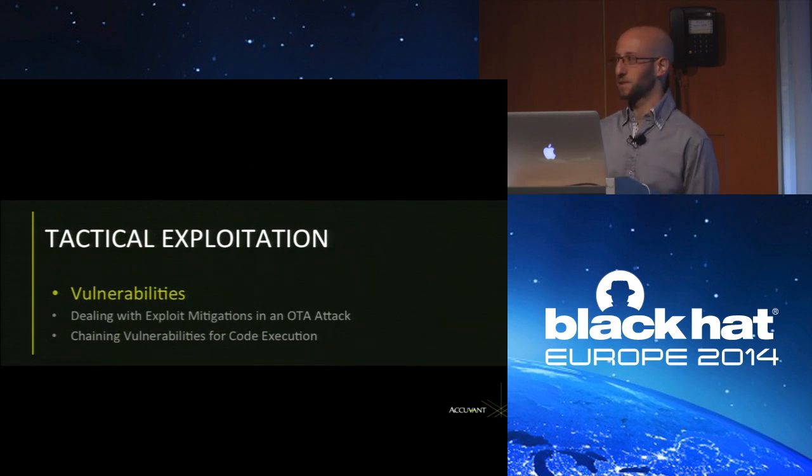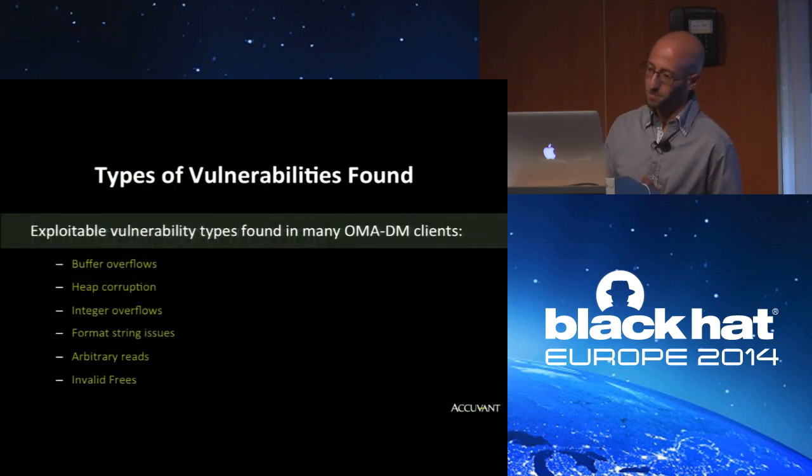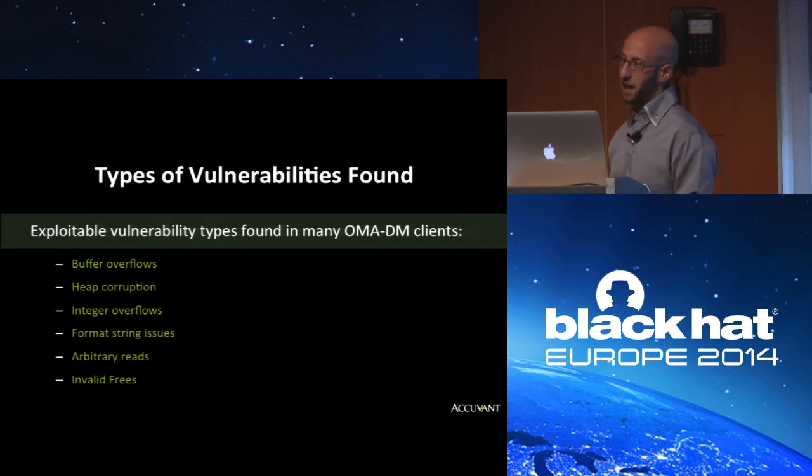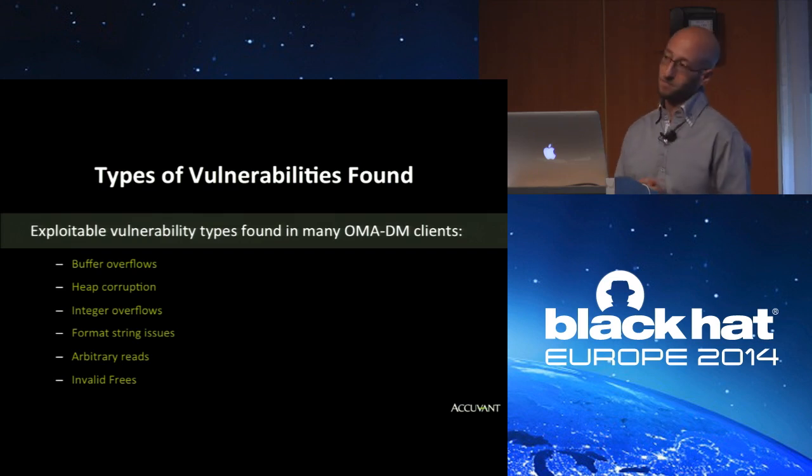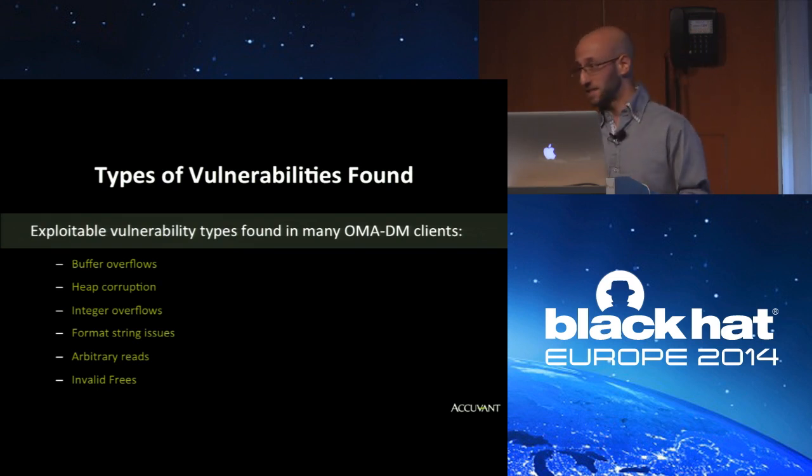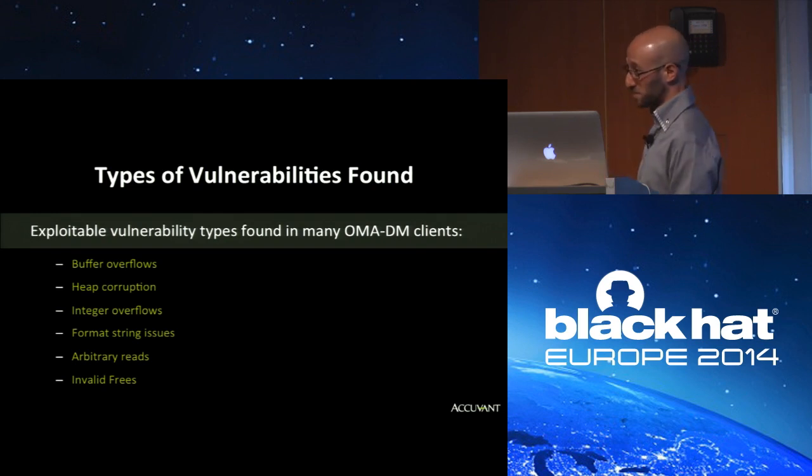Okay, let's go into what I like to call tactical exploitation. Let's talk about some of the more in-depth vulnerabilities found. These are the different types of exploitable vulnerabilities found in many OMA-DM clients when it comes to memory corruption: buffer overflows, heap corruption, integer overflows, format string issues, arbitrary reads, invalid frees, and more.